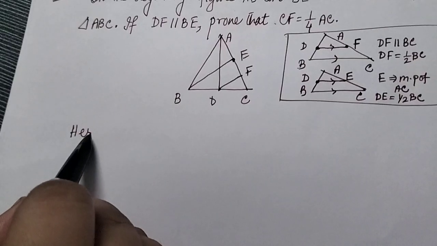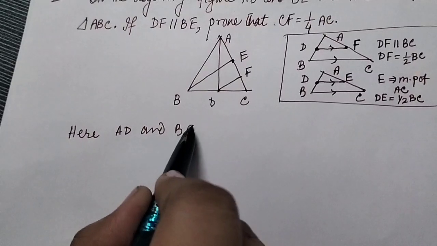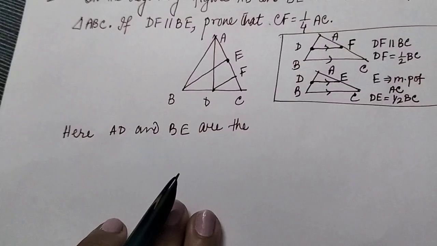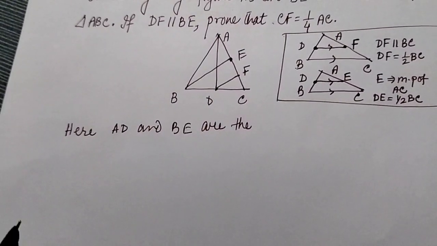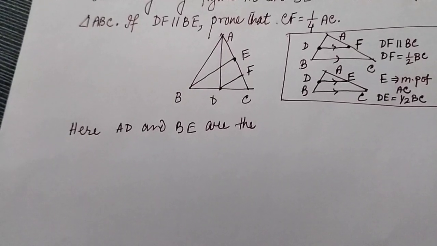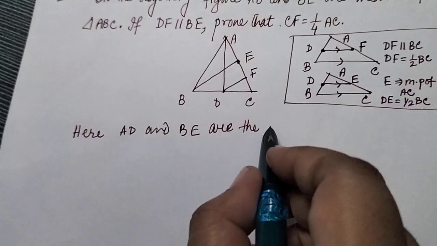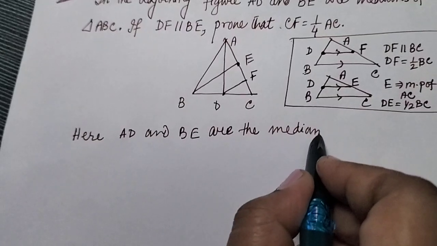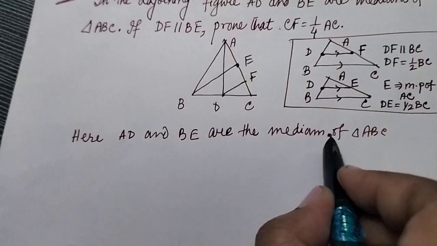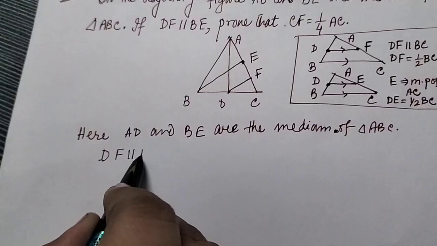So here AD and BE are the medians. Always consider the given conditions properly, because by considering them again and again, the actual feature of the problem will be clear to you. Okay, so here we get AD and BE are the medians of triangle ABC, and DF is parallel to BE.